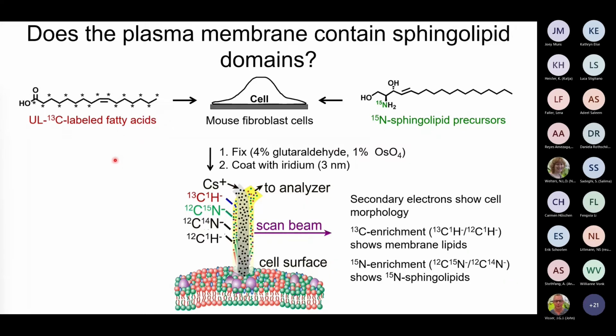And in these experiments, we were also feeding the cells uniformly labeled carbon-13 fatty acids. By uniformly labeled, I mean that all the carbons along the chain contain the rare stable isotope of carbon, C13. And I have shown one structure here.